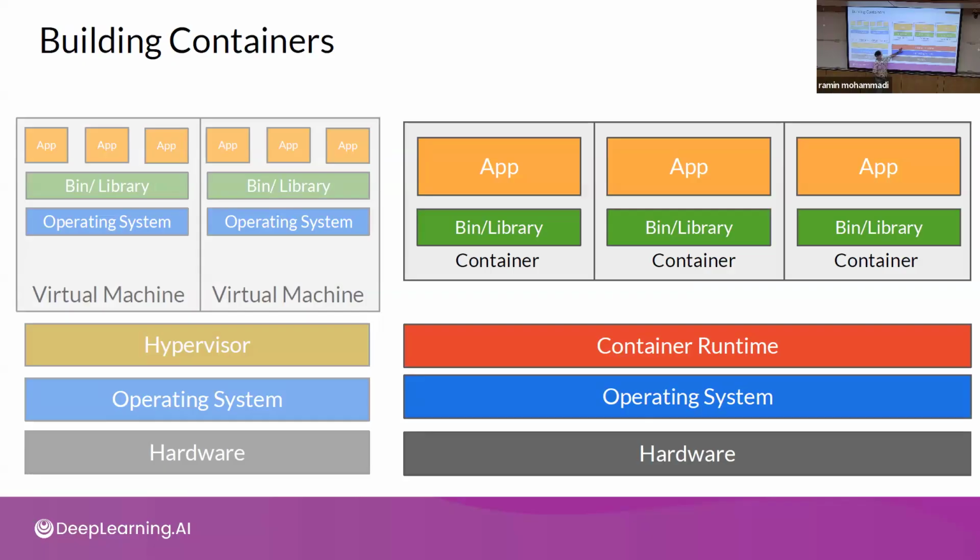All you need is the container runtime, which is Docker, for example, when you install Docker on your machine. This needs to exist on your machine in order to run Docker. But after that, every time you build a container, the only thing you need is the binaries and libraries for running the code, whatever you need for that code, and the app itself.